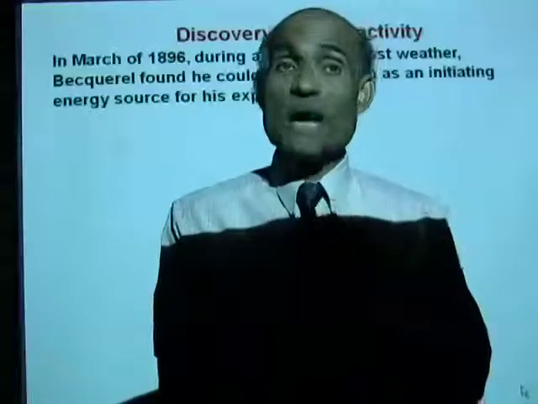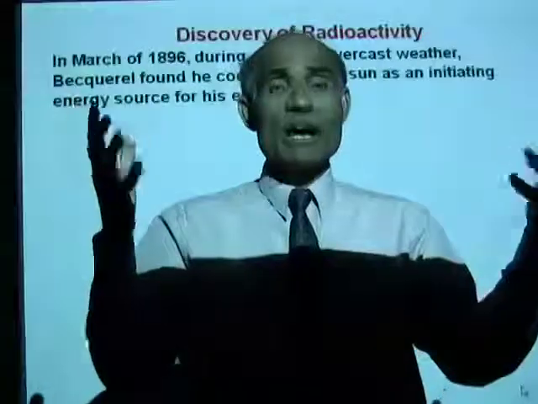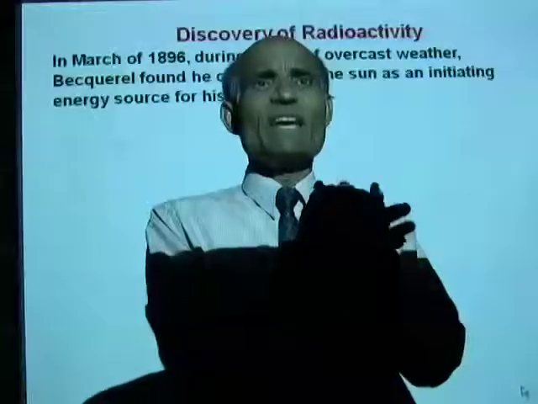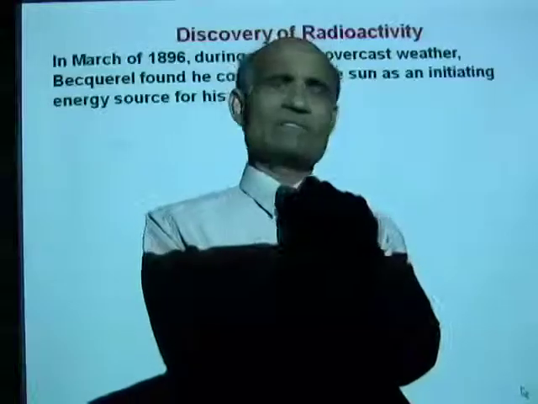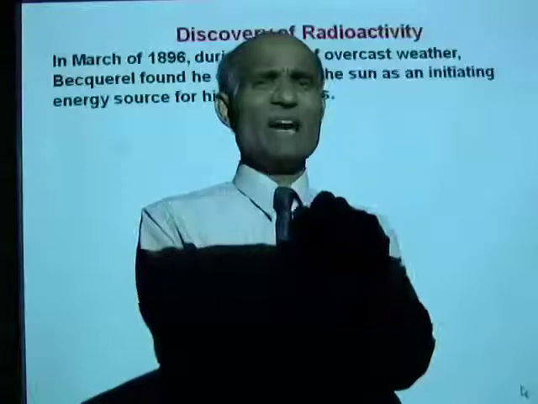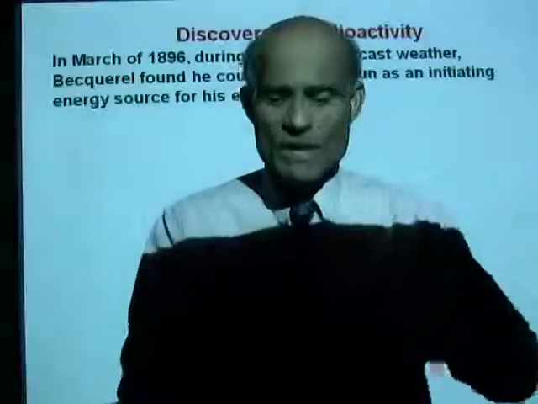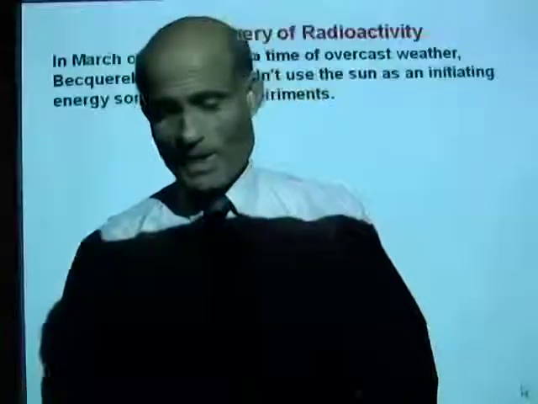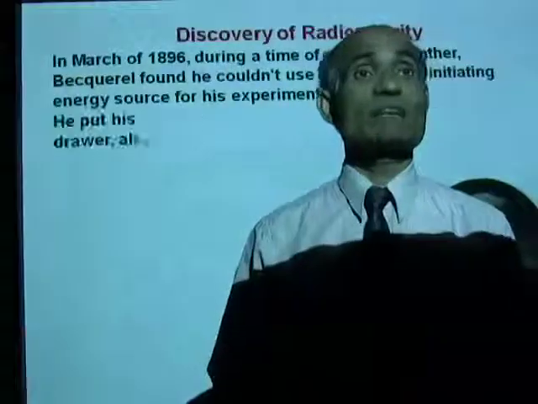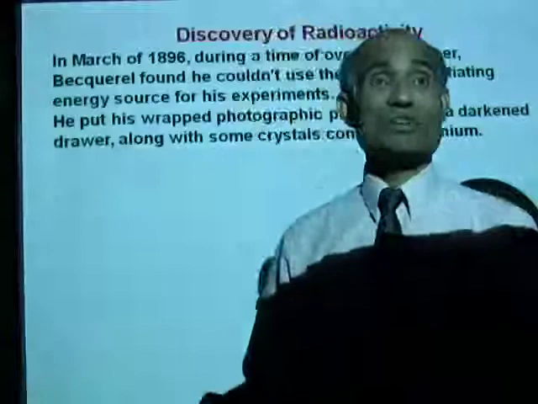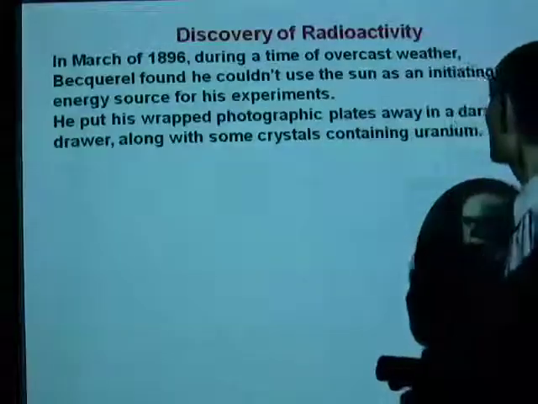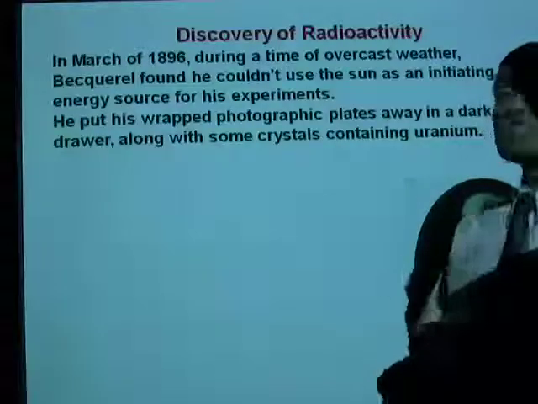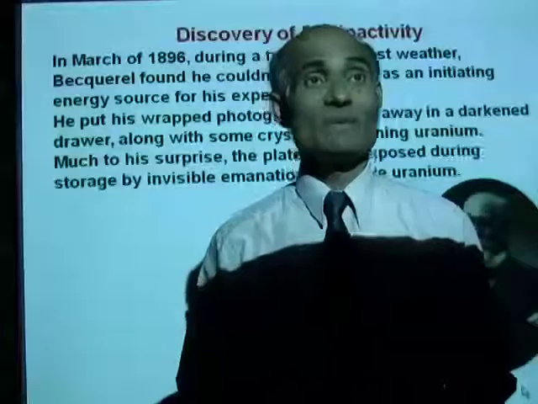And one day it so happened that it was cloudy and there was no sunlight, so he wrapped this material in a photographic plate. Now, don't ask me why he did that. And he kept it away in a drawer or someplace. And of course, he looked at the photographic plate later. So he put his wrapped photographic plates in a darkened drawer along with some crystals containing uranium.